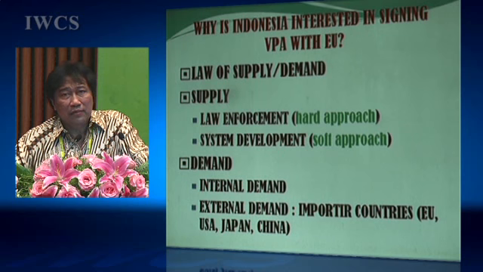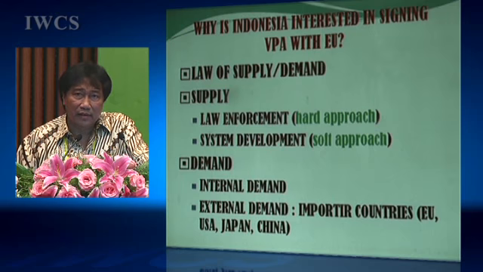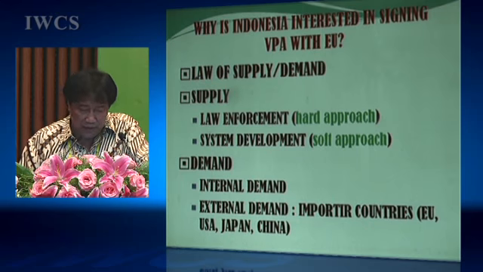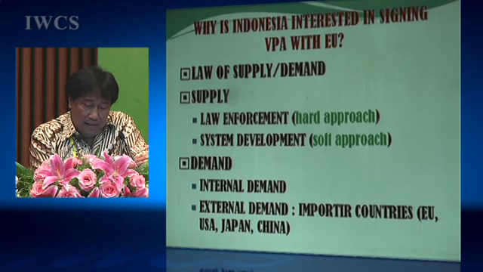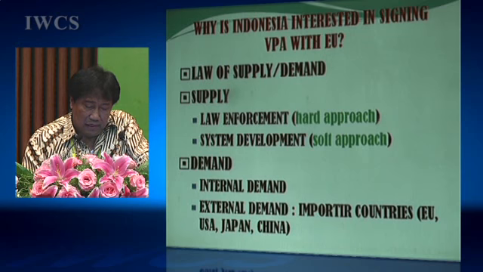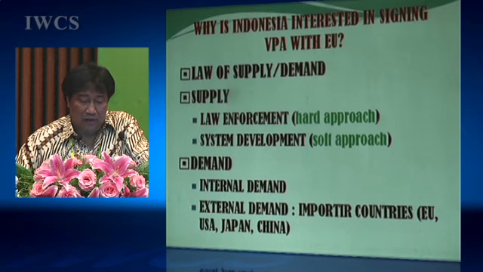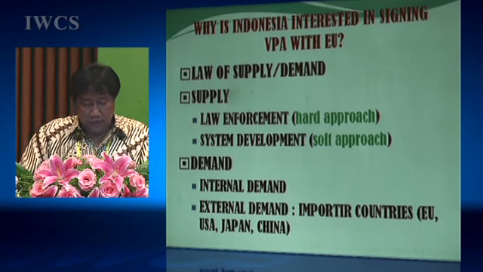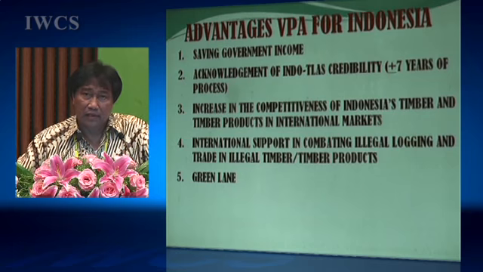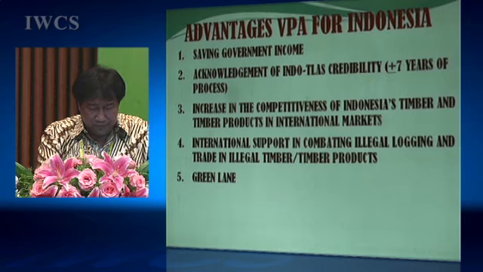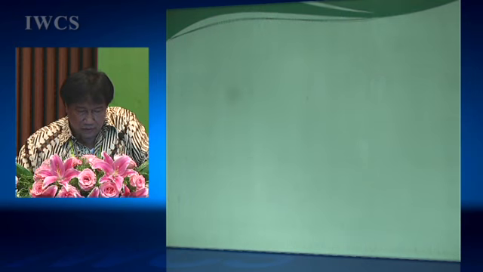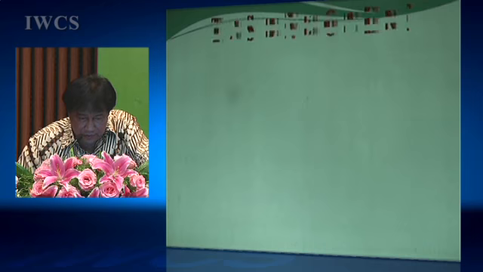Now we are going to sign the VPA with the EU, the European Union, because this is the law of supply and demand. On the supply side we have to do that, because this is the law enforcement to do, and then system development and so on. So we need that regulation.